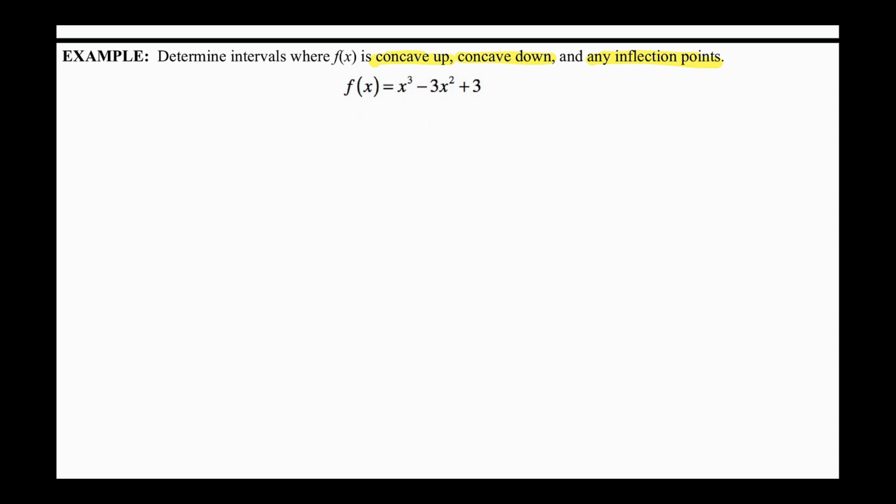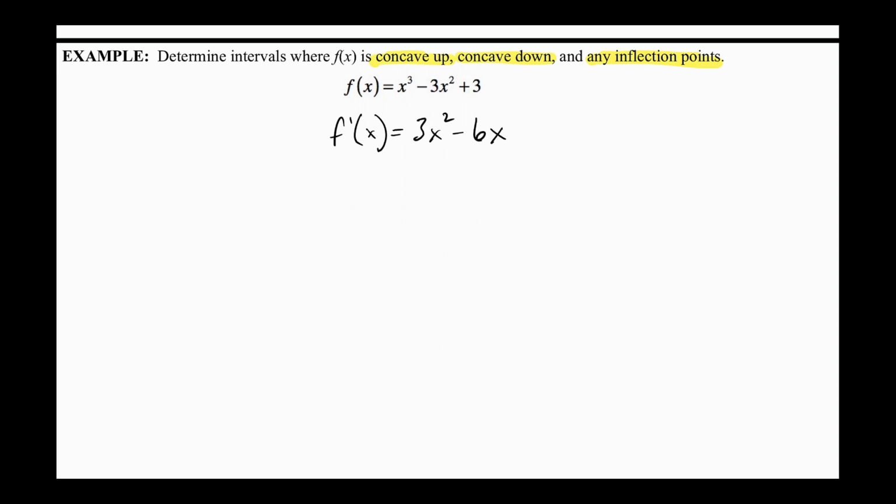Okay, so to find the second derivative, we've got to find the first derivative. The first derivative is 3x squared minus 6x. Okay.